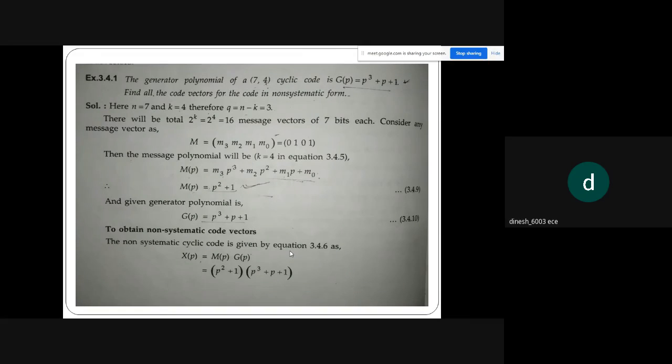So the question is: the generator polynomial of a 7 comma 4 cyclic code is g of p, given as p power 3 plus p plus 1. We need to find all the code vectors for the code in non-systematic form.